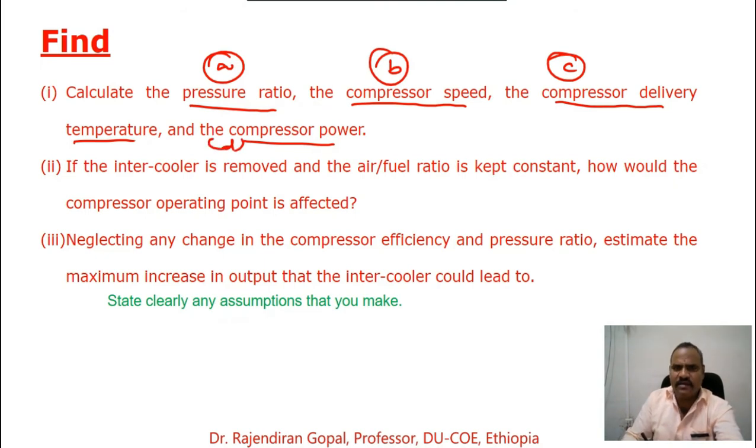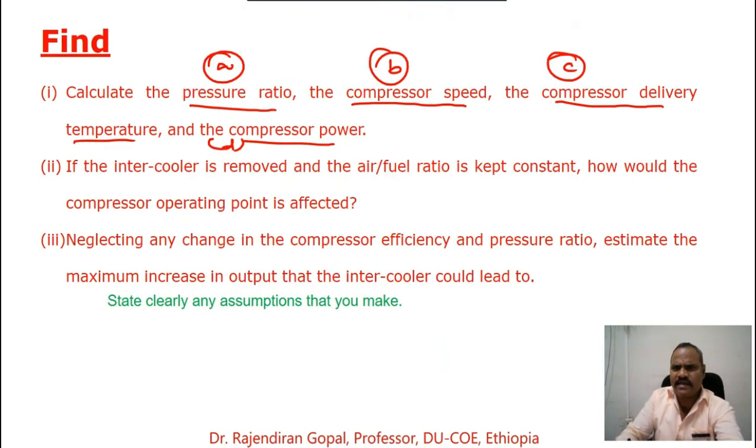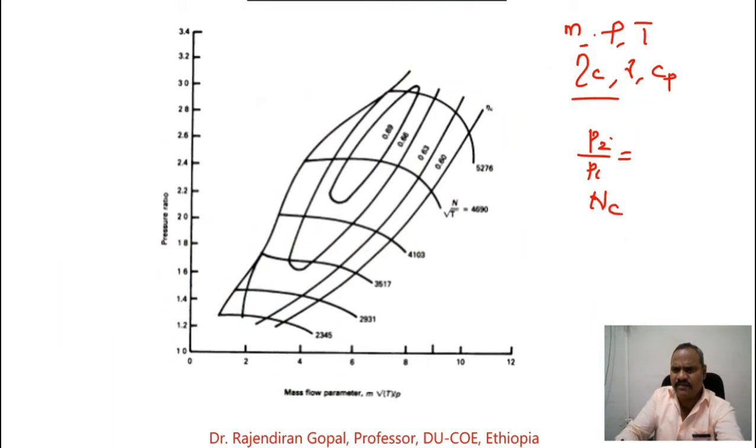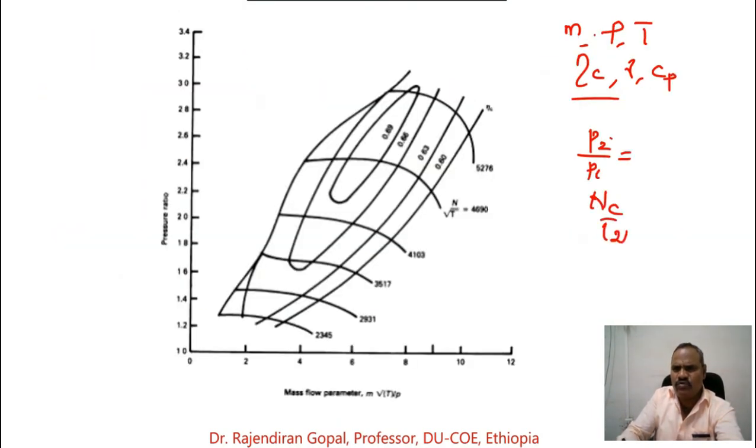We know that the pressure ratio is equal to P2 by P1 for a compressor. Second, the compressor speed, that is N. Then the compressor delivery temperature, that is T2 dash. Then the compressor power, that is the work of the compressor.